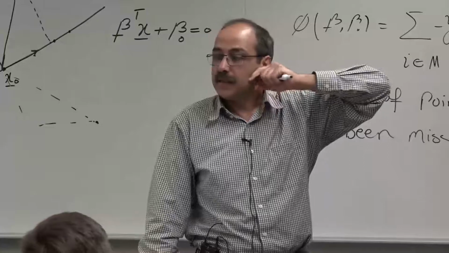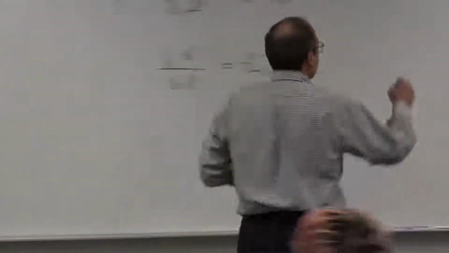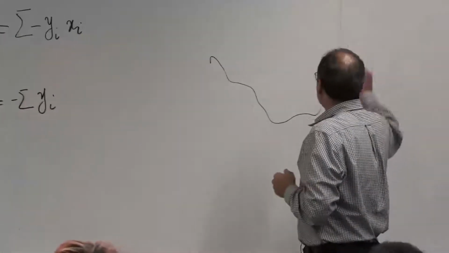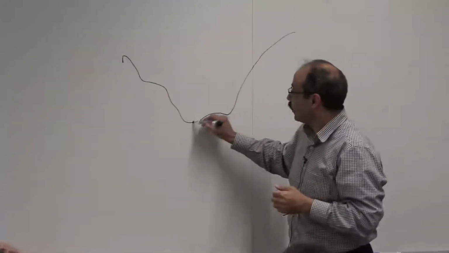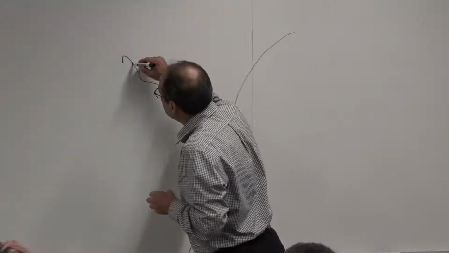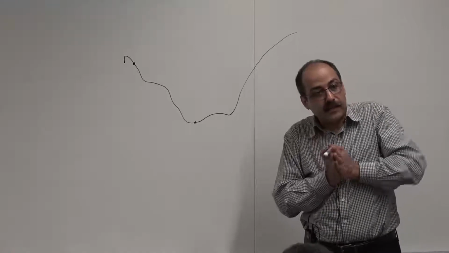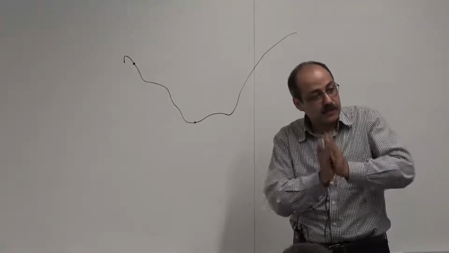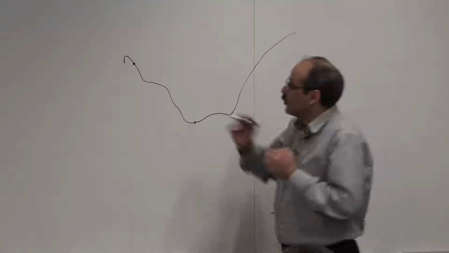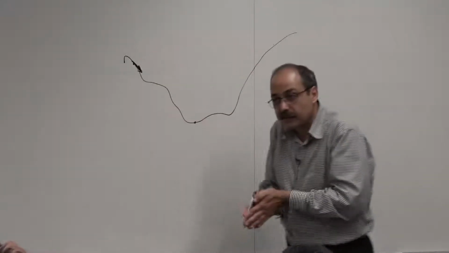Gradient descent basically means that you have a cost function and you are at this point. I take the gradient. The gradient is tangent to the surface, right? So that's the gradient, that's the tangent.